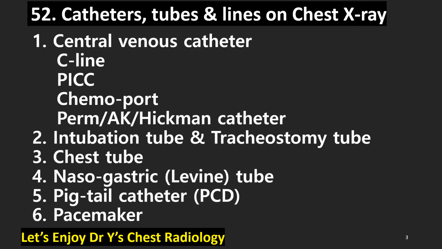How many catheters, tubes, or lines do we have in the hospital? First, central venous catheter. Among them, central line, PICC, chemoport, perm cath, AK cath, Hickman cath, intubation tube, tracheostomy tube, chest tube, nasogastric tube, also called L-tube, and the famous pigtail catheter for radiologists, and pacemaker.